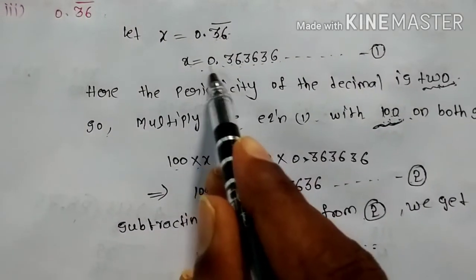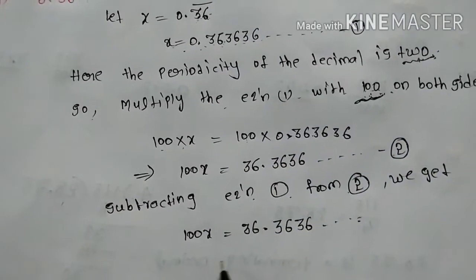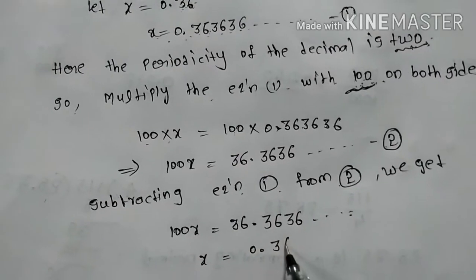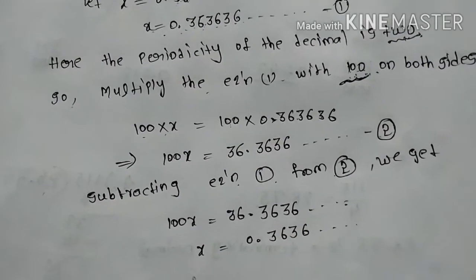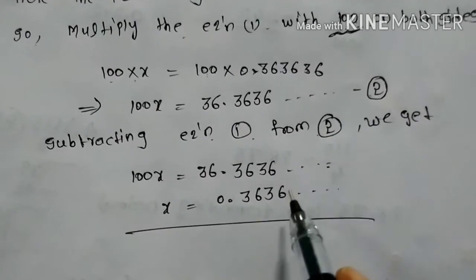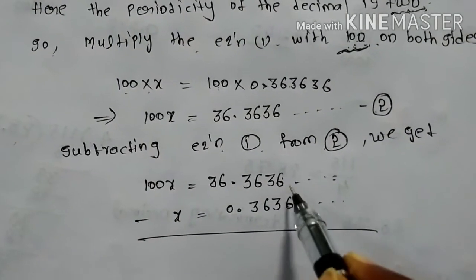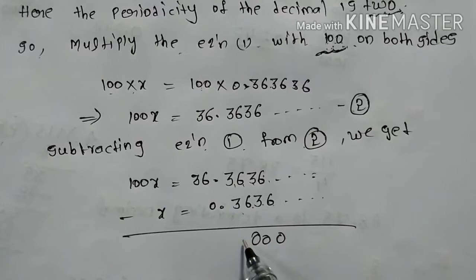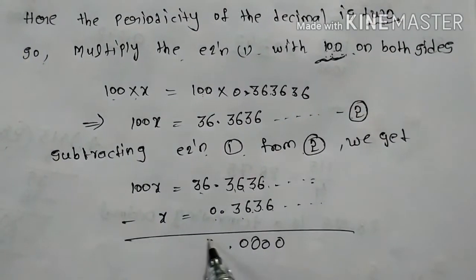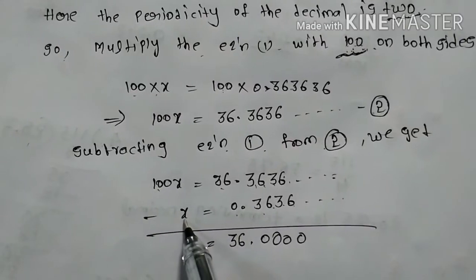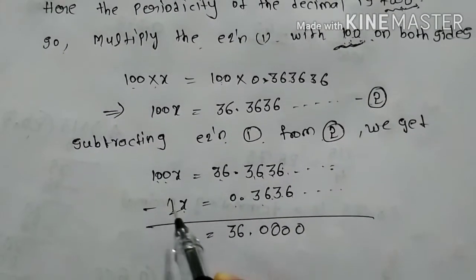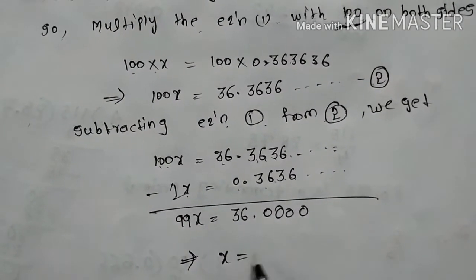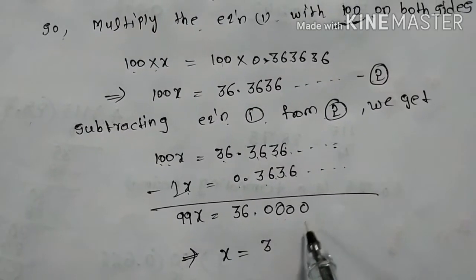What is the first equation? x is equal to 0.363636, x is equal to 0.3636 and so on. See here, now you have to subtract it. 6 minus 6 is 0, 3 minus 3 is 0, 6 minus 6 is 0, 3 minus 3 is also 0. 36 minus 0, how much? 36 only, is equal to, here 100x, here x. That means by default we have 1. 100 minus 1 is how much? 99x. 99x implies x is equal to 36.00, means 36 only.